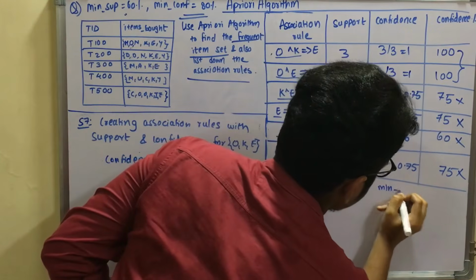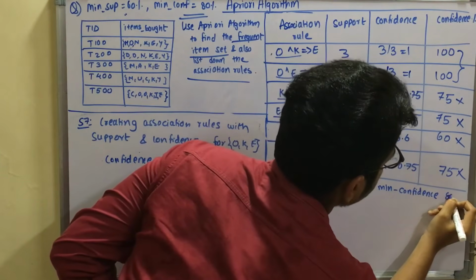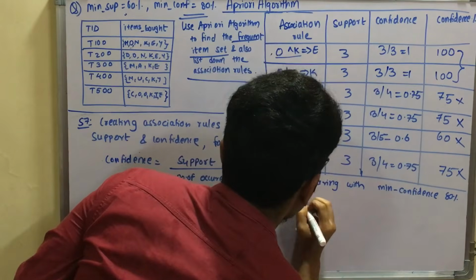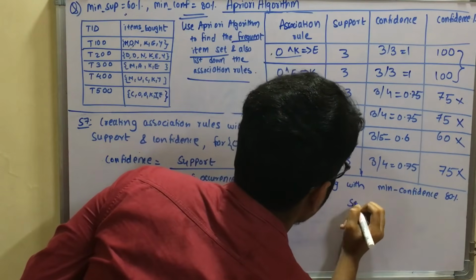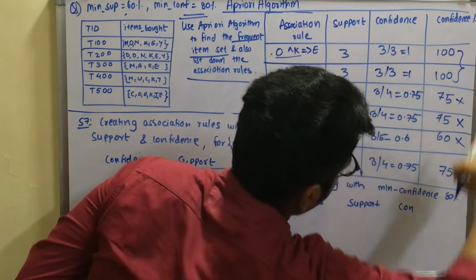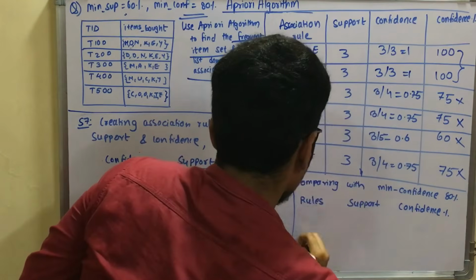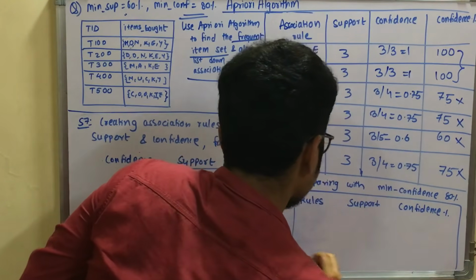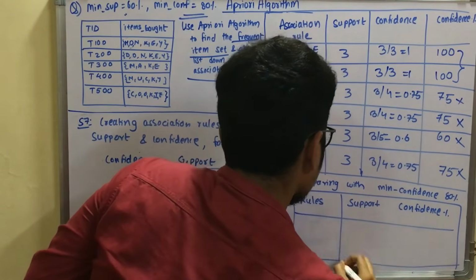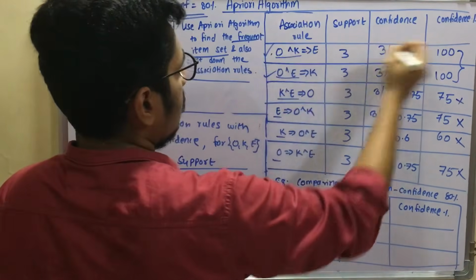So our final step is comparing the rules with the minimum confidence, that is the 80% minimum confidence. We have these association rules with support, and this confidence column in percentage. And so we'll create this table having only these two association rules, the ones which satisfy the threshold.